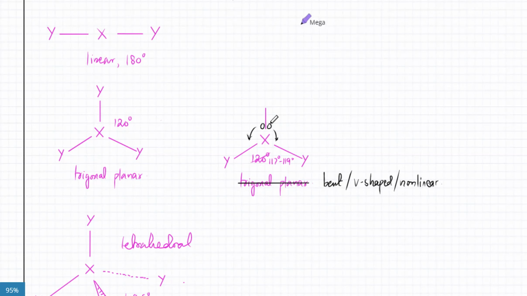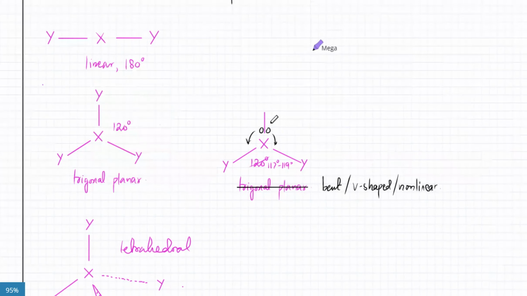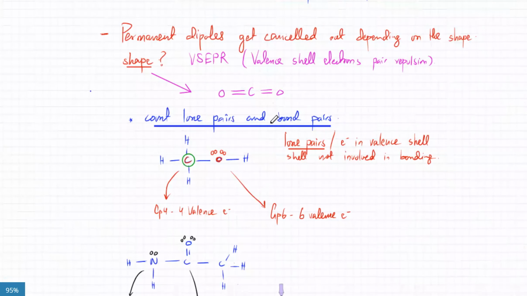So remember this point, and I'm going to add this point over here at the top: lone pairs always exert more repulsion compared to bonds.